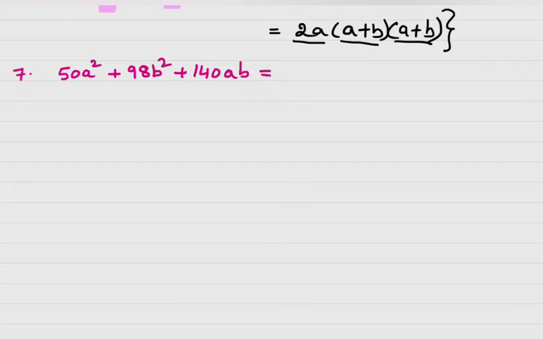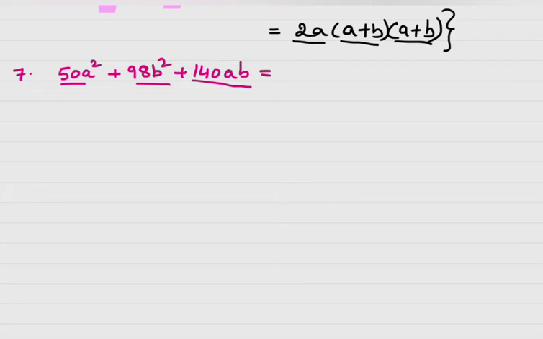Now children, see here, you have to see what common things you can take out. See, all 3 are even. First of all, keep in mind that all 3 terms are even. And see, a square in the first term, b square in the second term and ab in the third term are perfectly okay, because you can see and understand that a square in the first, b square in the second and ab in the third are quite okay.